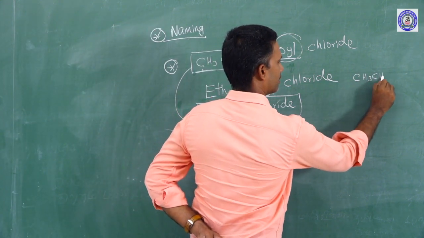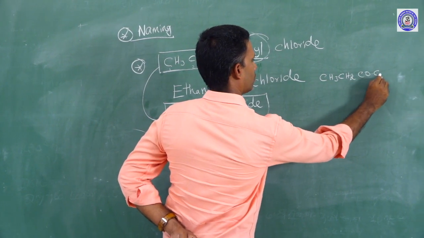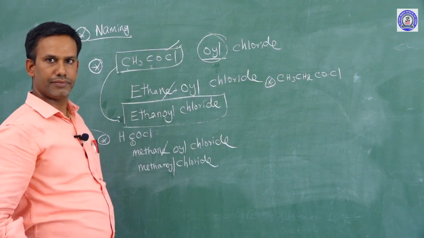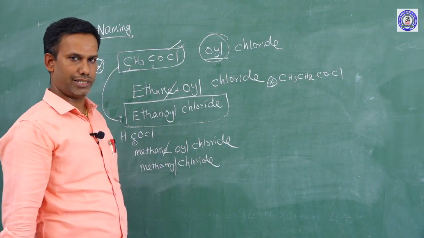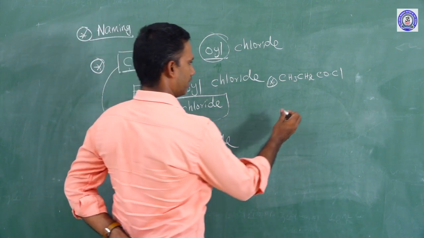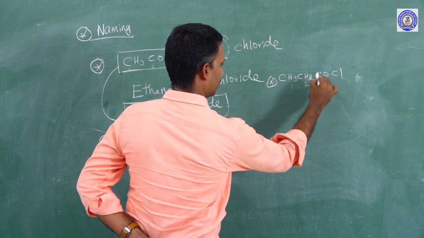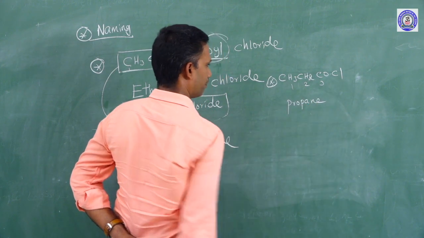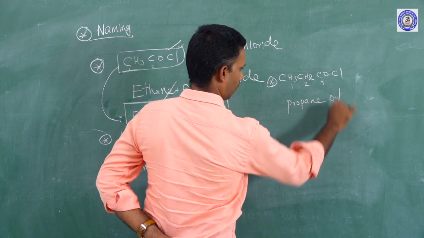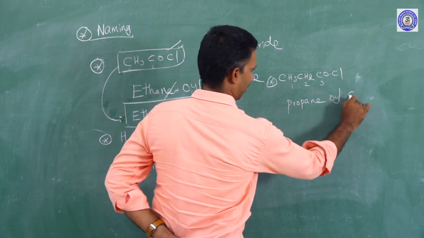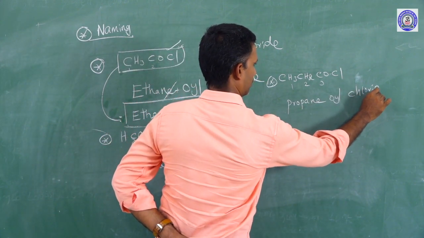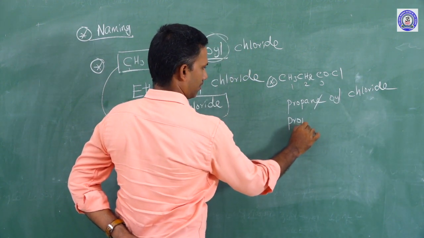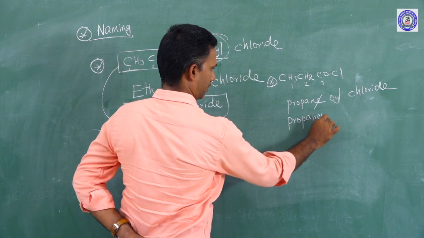Third example: CH3CH2COCl. Count the number of carbons: 1, 2, 3. So propane, OYL chloride. E should be eliminated. Propanoyl chloride.